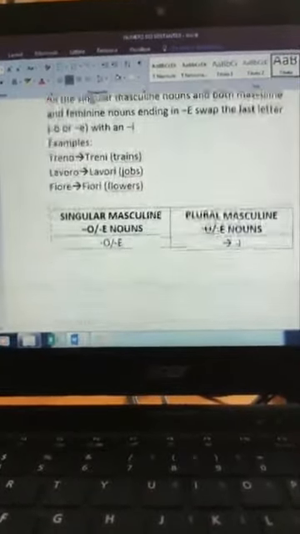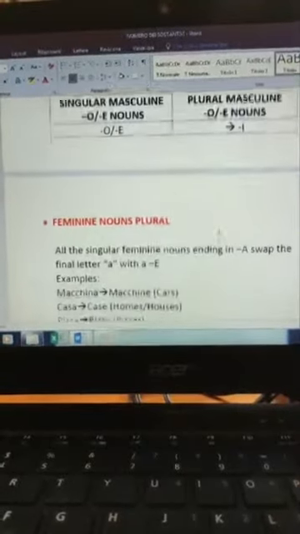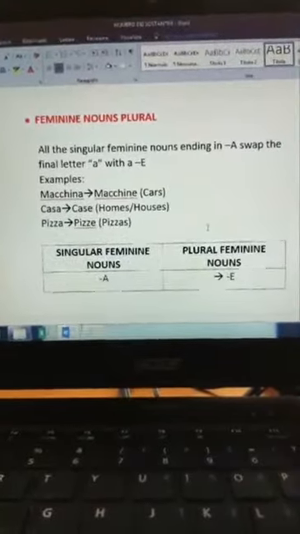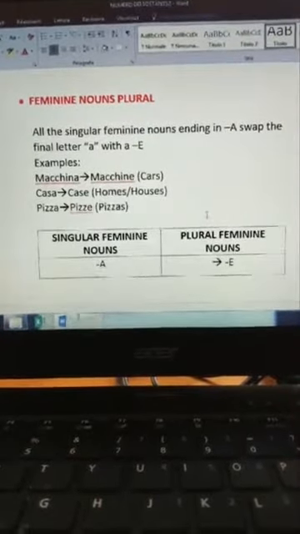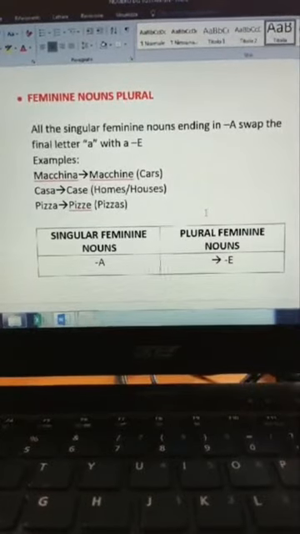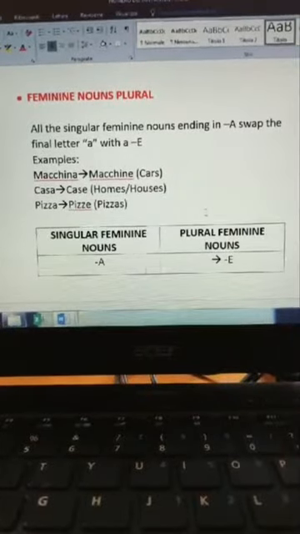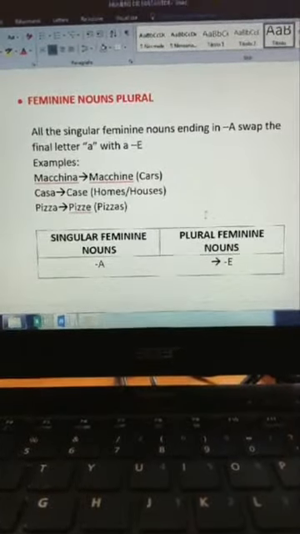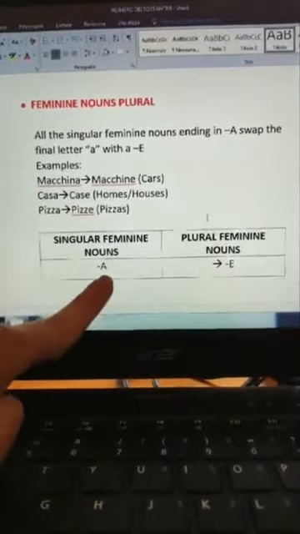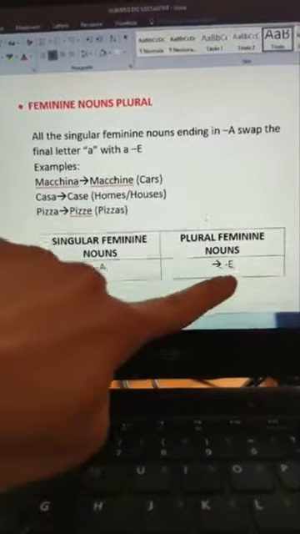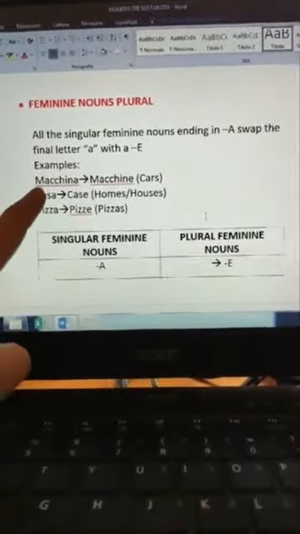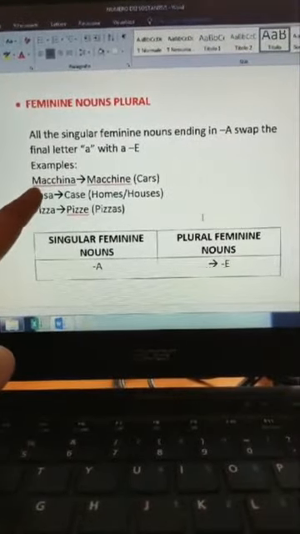Okay, so now we move on to the feminine nouns and how to make them plural. We saw that feminine nouns usually end with the letter A. To make them plural, you need to swap the letter A with an E at the end, okay? So A becomes E. As in macchina, we saw it means car.